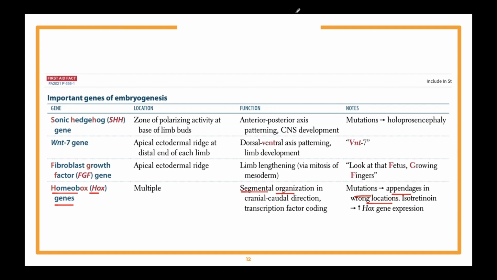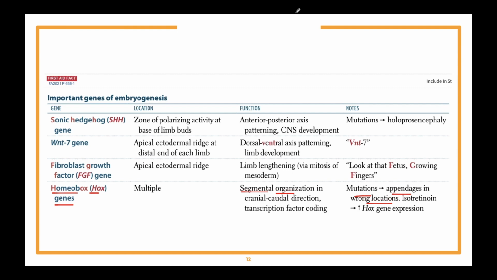Now you can see some of these other genes were also other answer choices. So FGF, or fibroblast growth factor, has to do with limb lengthening. So a little bit different than syndactyly. WNT7 has to do more with the patterning of the limbs.